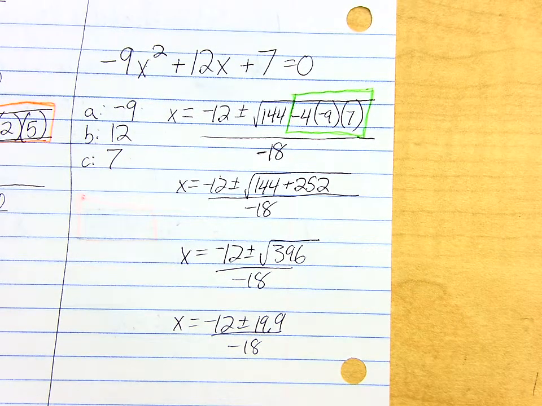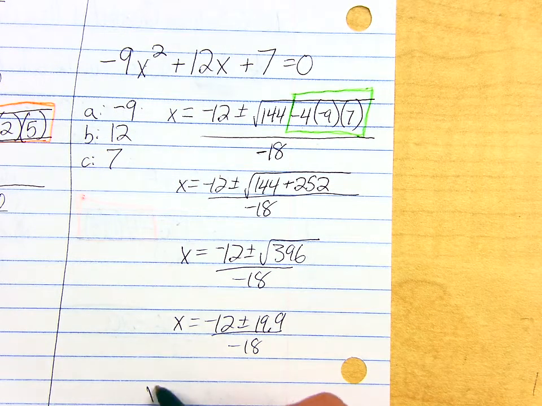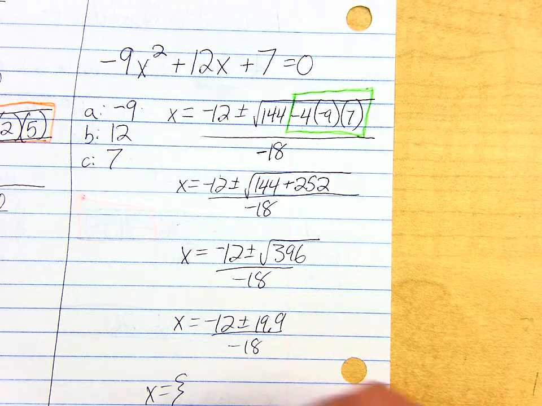All right, so negative 12 plus 19.9, I've got 7.9. And then, guys, what do I do with the 7.9? Divide by negative 18. Watch your signs, guys. So that's going to be a negative 0.4 if I'm rounding to the nearest tenths.